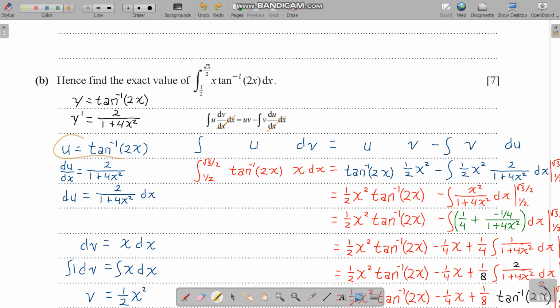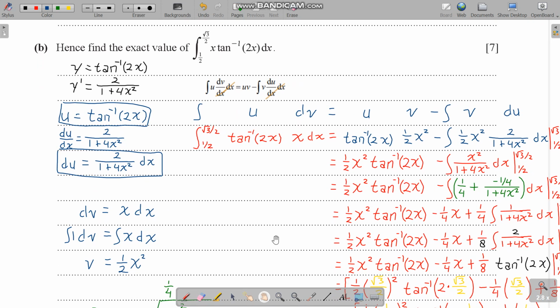From u equals inverse tangent 2x, we have u prime, or du/dx, which is this from the first part. If you multiply both sides by dx, we have du equals this. So we need this for the u and this for the du.